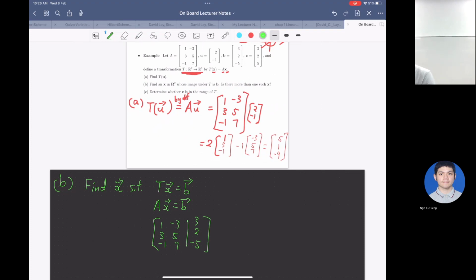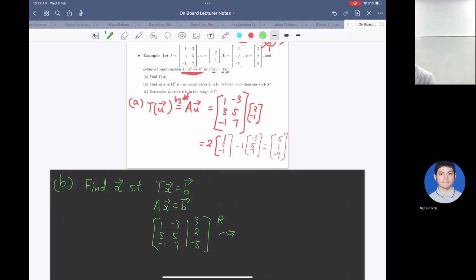Can you find an x? Meaning, can you find the solution or not? Is the system consistent or inconsistent? Same question, different way of asking. So how do you reduce this?